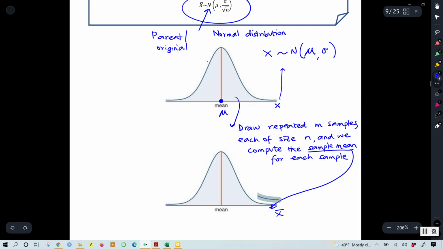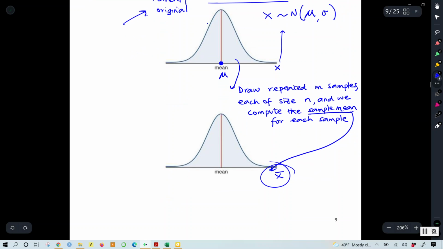In other words, this is the summary of what we're saying. If we start out with a normal distribution, the distribution of all the sample means will also have a normal distribution.